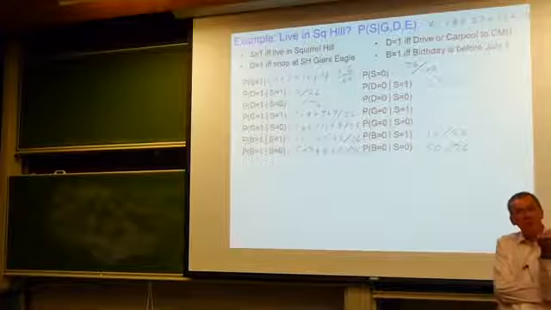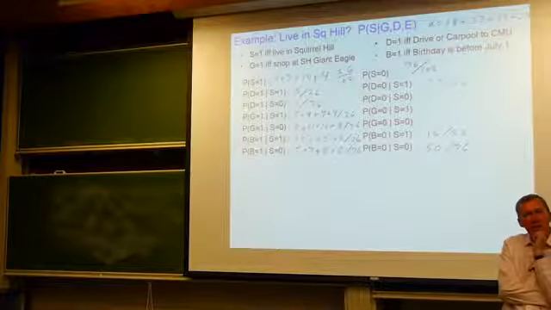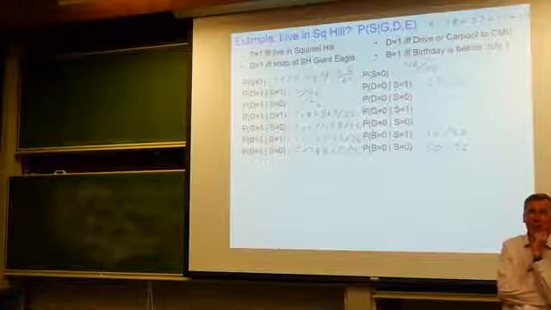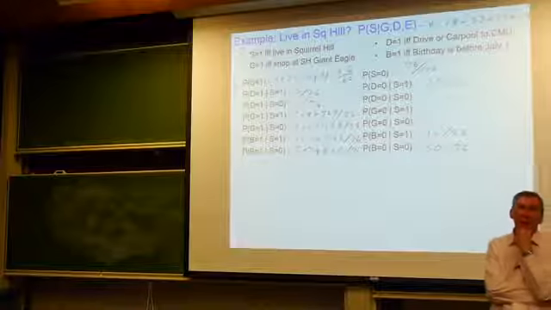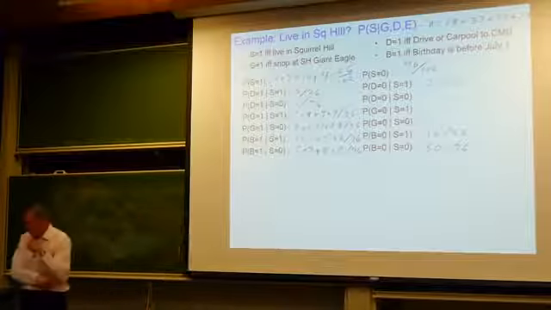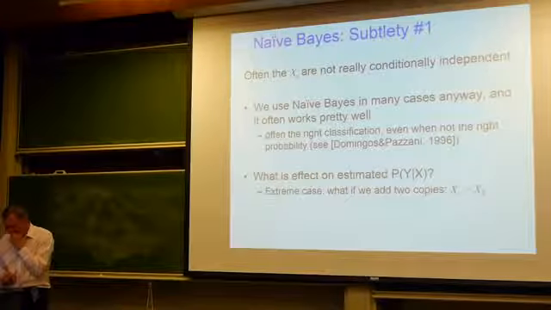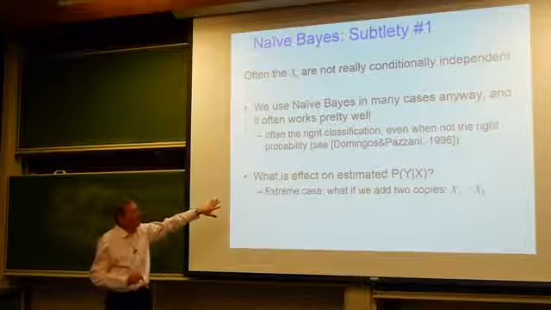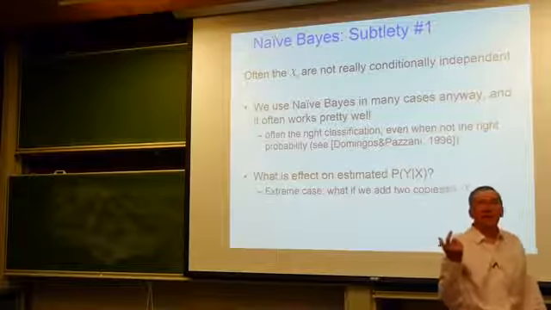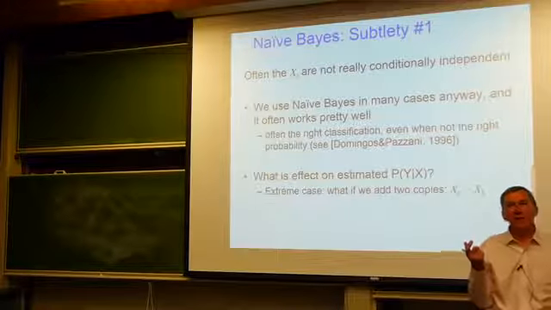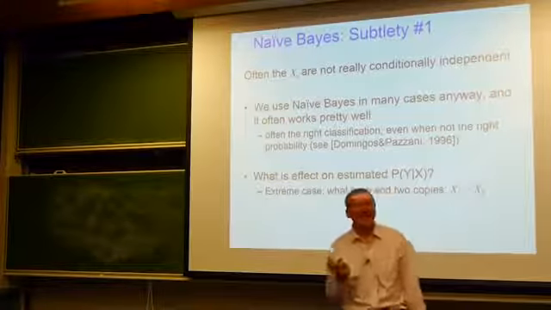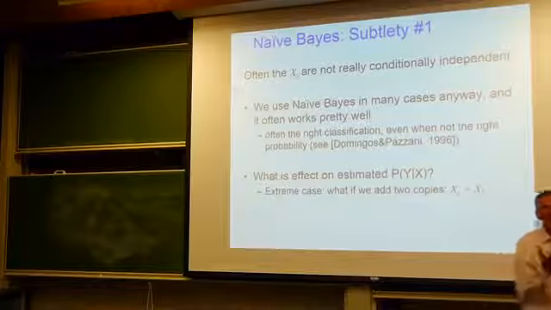But it is true that if we have variables that are not conditionally independent and we make that assumption, then we're misestimating the real probabilities involved. So, for example, in the extreme case, suppose I had made up two variables: B1 for is your birthday before July 1st, and B2 for is your birthday July 1st or later.